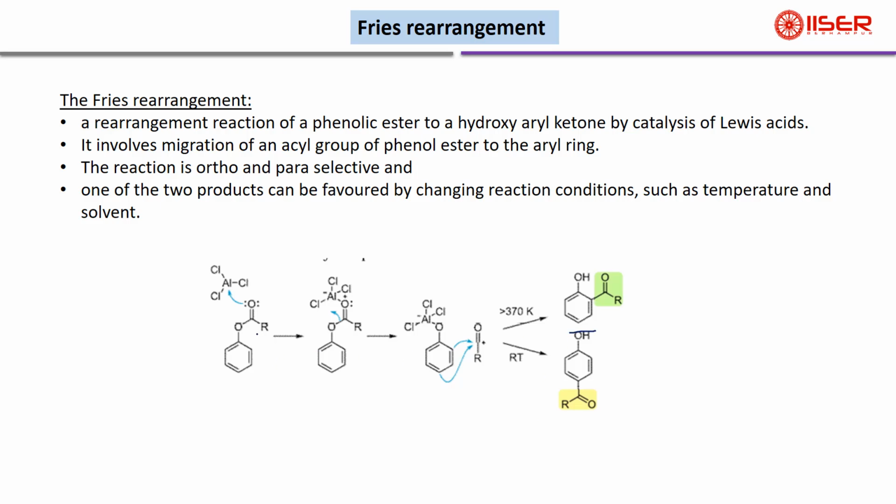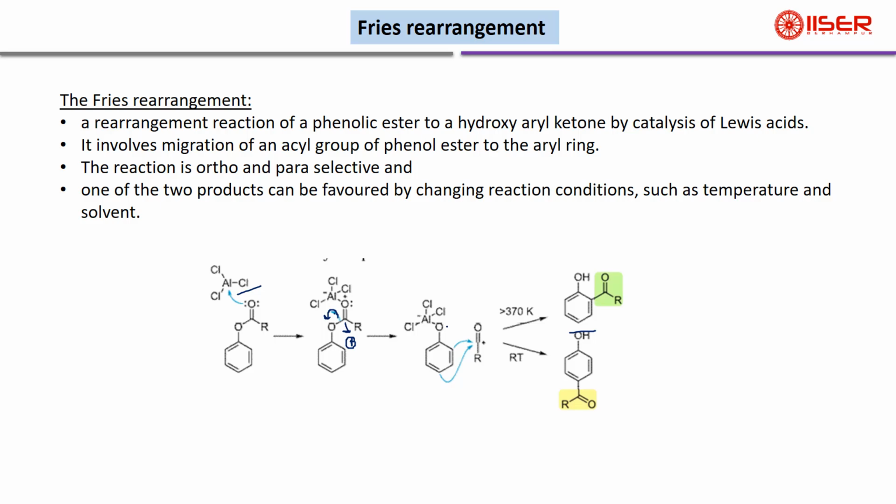So in this case, if this phenolic ester gets catalyzed by a Lewis acid, after that it undergoes cleavage, generating a carbocationic center here.